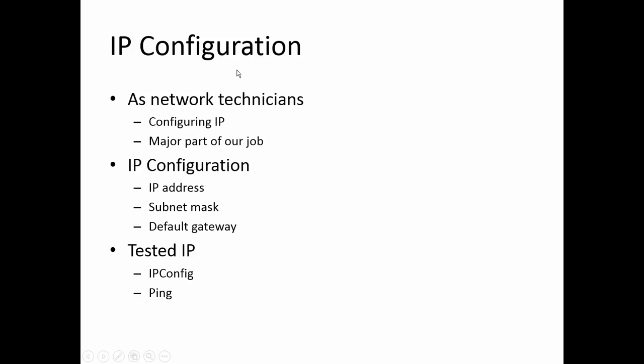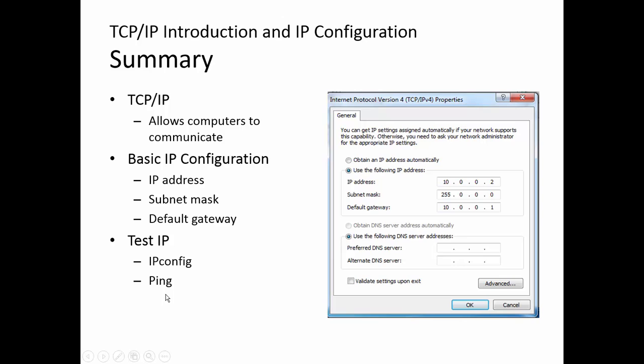IP configuration. As network technicians, configuring IP is going to be a major part of our job. And when we configure IP, we configure the IP address, the subnet mask, and the default gateway. And when we test IP, we use the ipconfig and the ping command. In summary, we saw that TCP/IP is a network protocol that allows computers to communicate with each other.